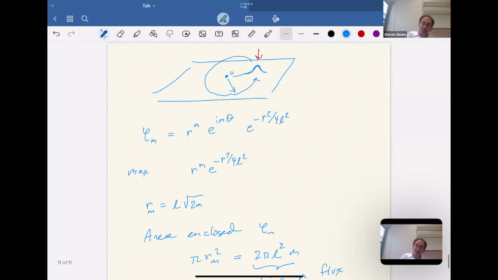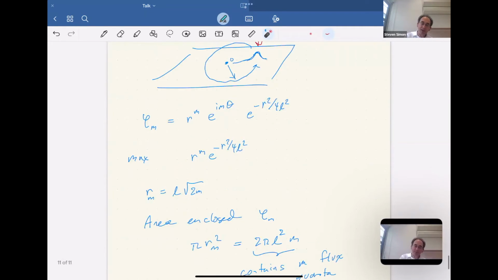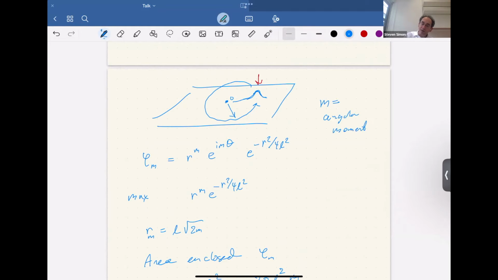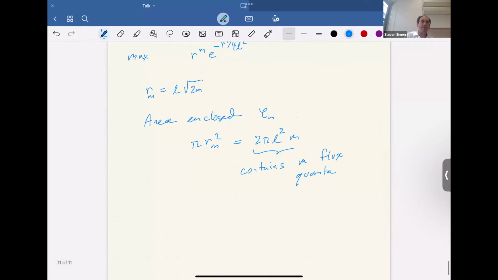So each successive orbital gets a little bit farther out, each one containing one more flux quantum, and they go in circles around the center and pick up a corresponding phase. This m index is actually angular momentum, angular momentum around the center. So the first one has angular momentum 0, the second one has angular momentum 1, and so forth and so on. All right.